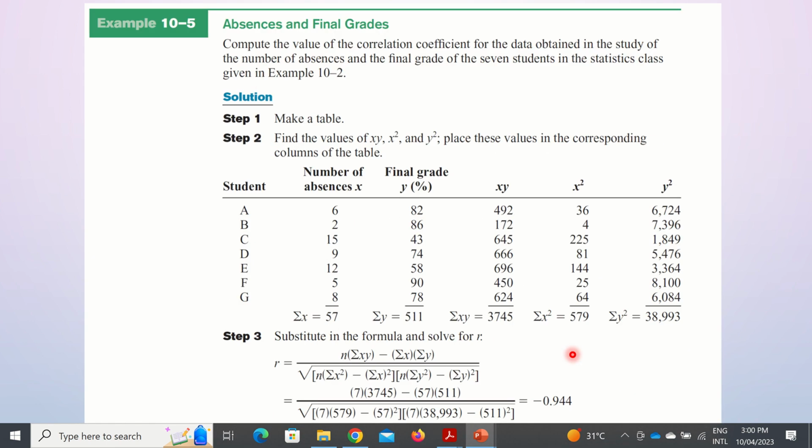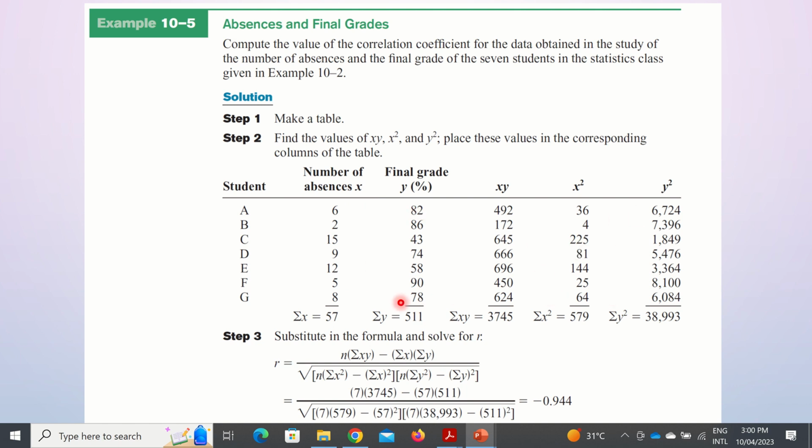We are in the second example, in which we had absentees and final grades. For that purpose, again we take the number of absentees as x and the grades as y. Again you'll be finding the product of these two columns, taking the square of this one and this one, and then taking the sum of all of them.